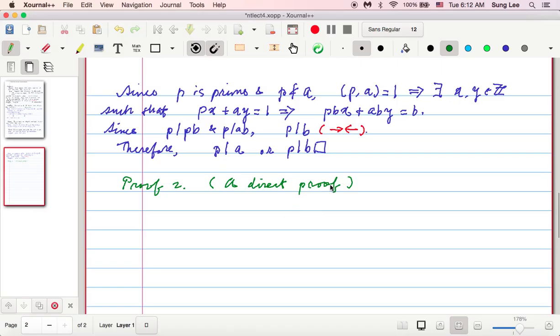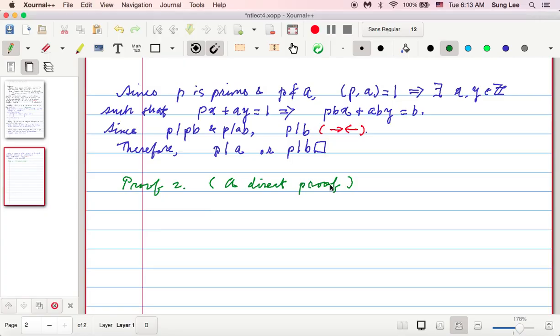It's not always possible or easy to come up with different ways of proving a given theorem or corollary, a mathematical statement.